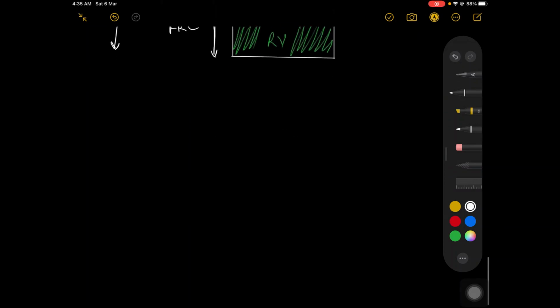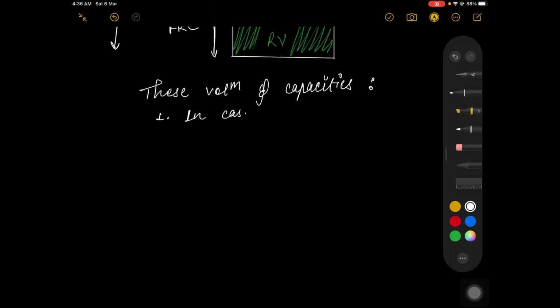Now, what is the need to learn these volumes and capacities? These volumes and capacities help in diagnosing the pathological state of a patient. Why? In case of asthma, we can do spirometry. Spirometry is a test to assess the volumes and the capacities of the lung.